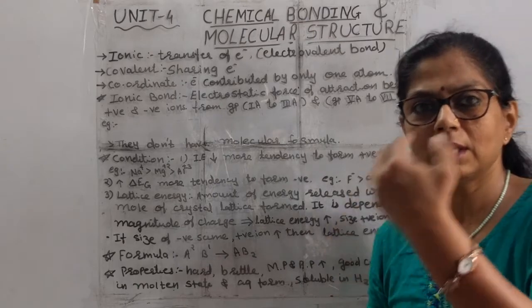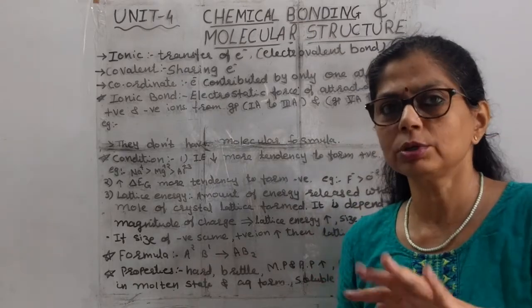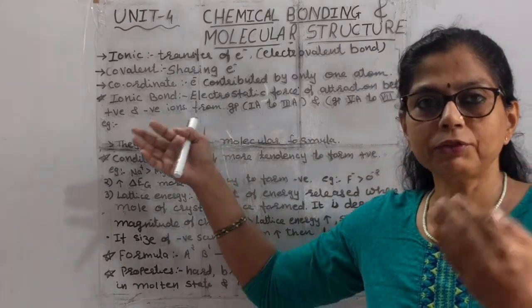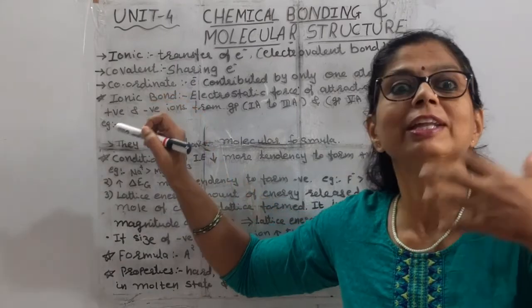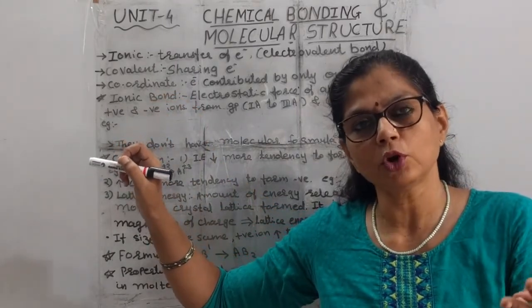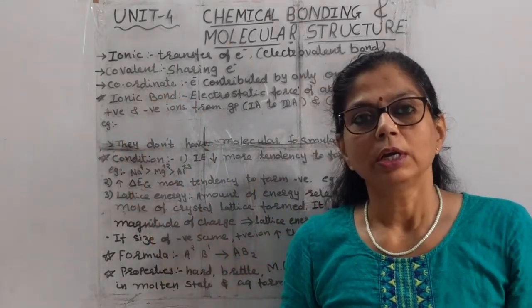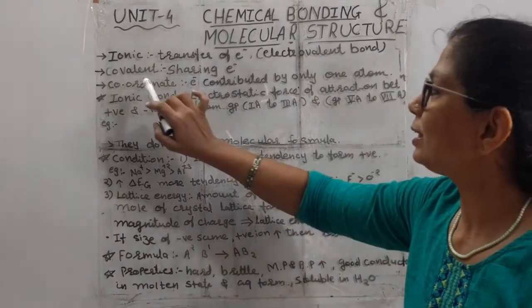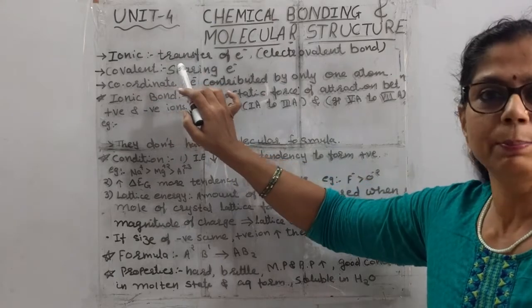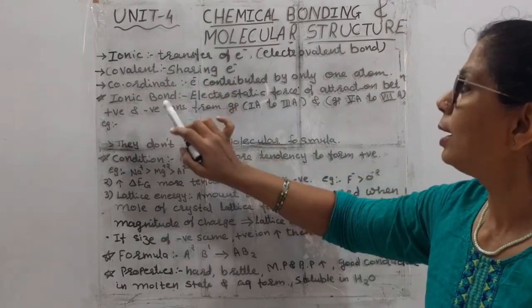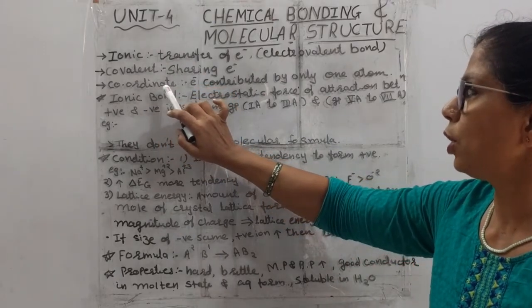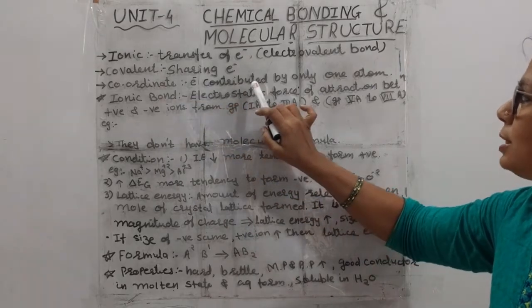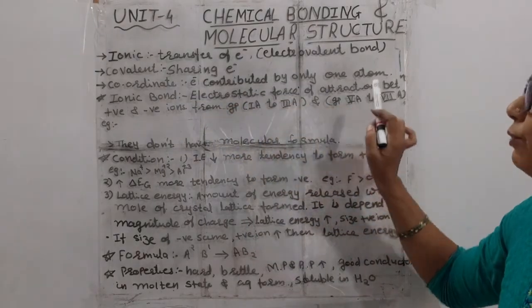We are going to understand this also, students, don't worry. After the definitions of all 3 bonds finish, I am going to explain the ionic bond. Then the next one is the covalent bond, simply the sharing of electrons. And the coordinate bond means the electron is contributed by only one atom.